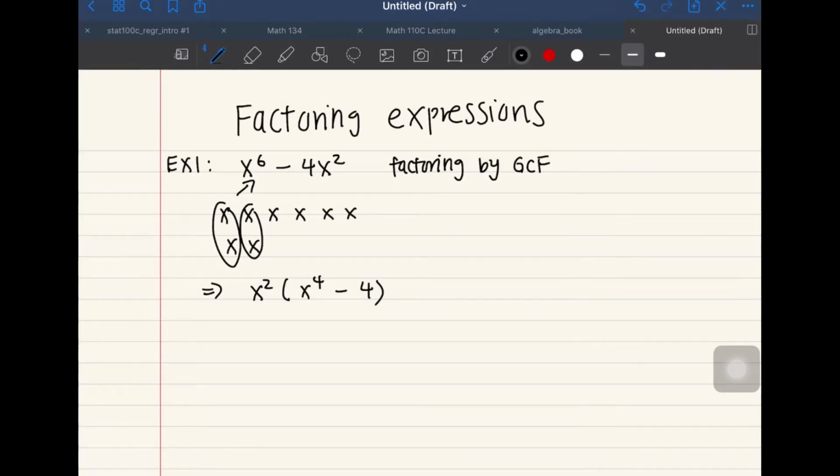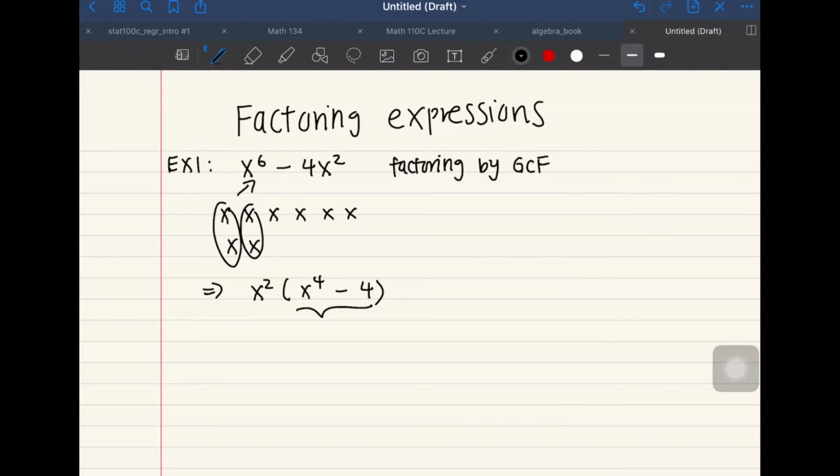Now, I notice that this part can also be factored, and that relates to one of the properties of factoring, which is the difference of squares. The formula is a squared minus b squared equals a minus b times a plus b.